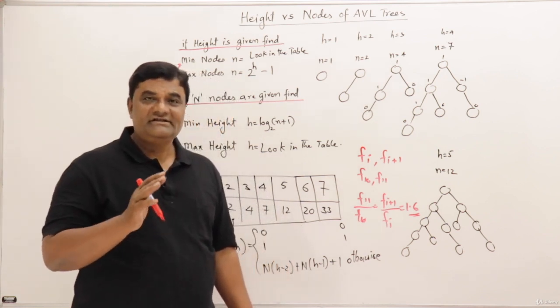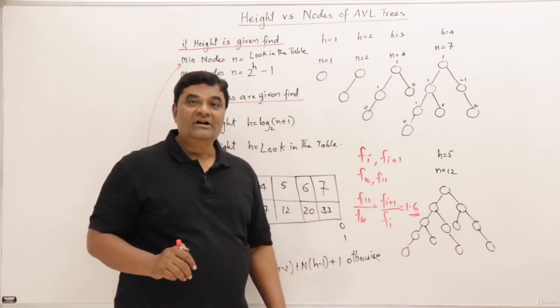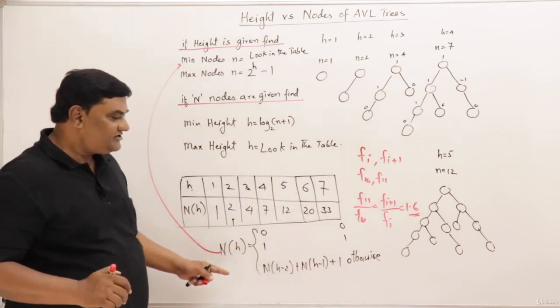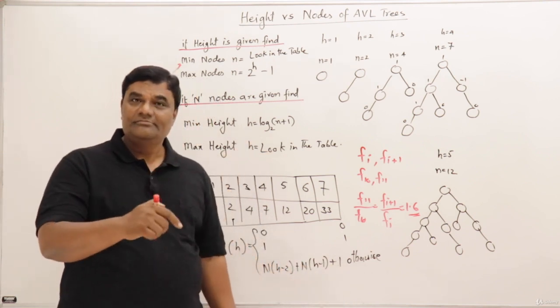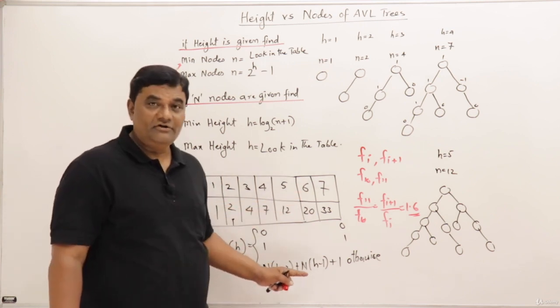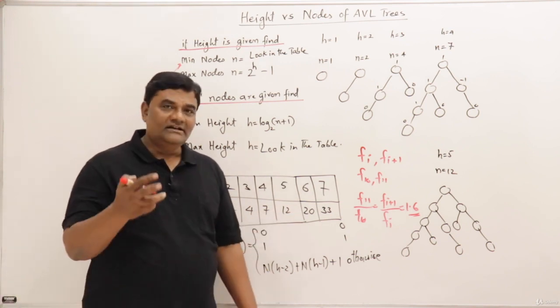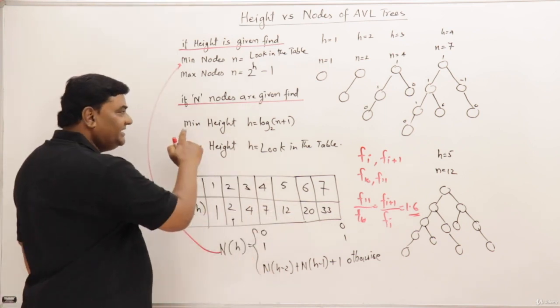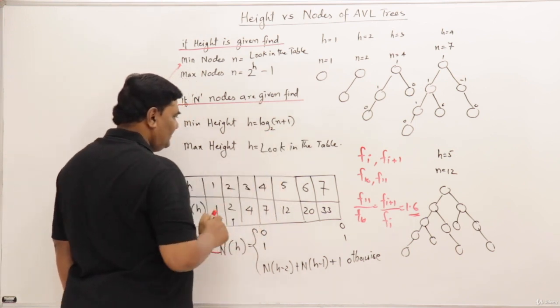So the Fibonacci series is believed to be a balanced series. So this formula is matching with the Fibonacci series, which means AVL trees are also balanced. This is a proof that they are balanced, because their formula for nodes versus height is the same as the Fibonacci series.